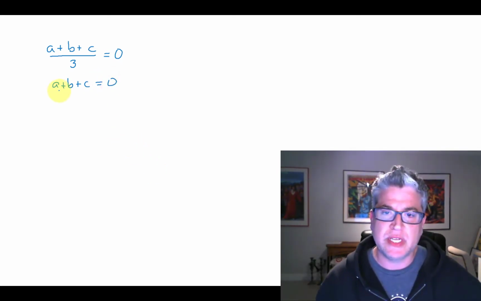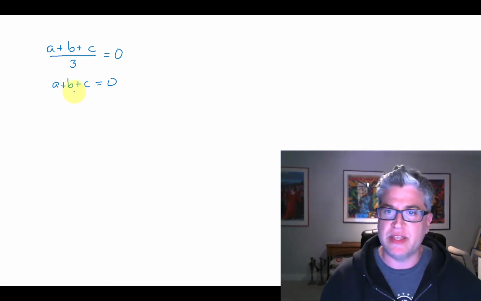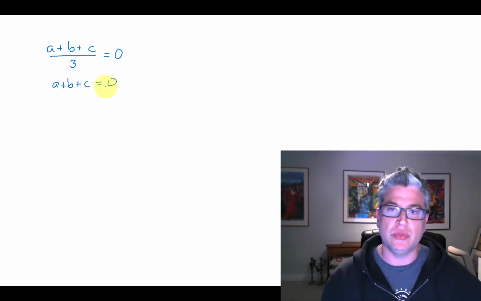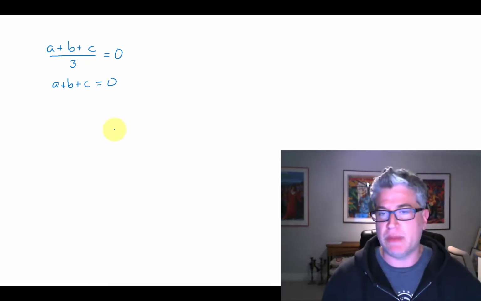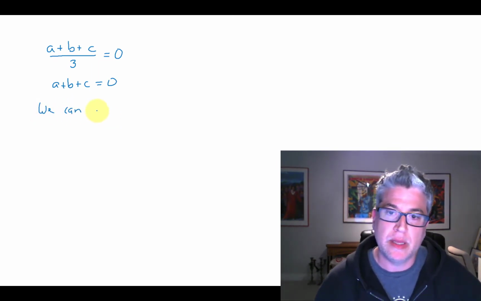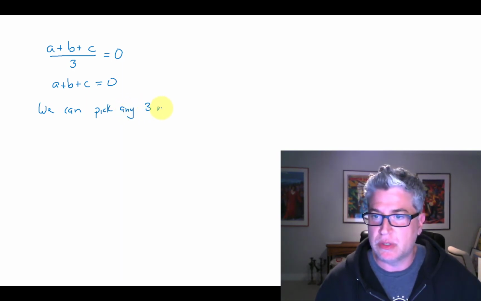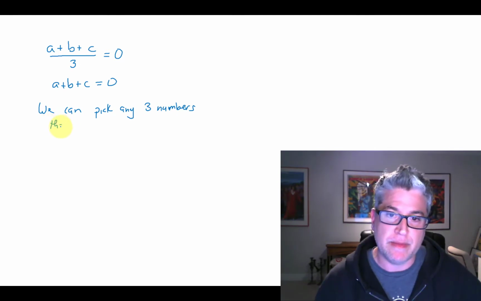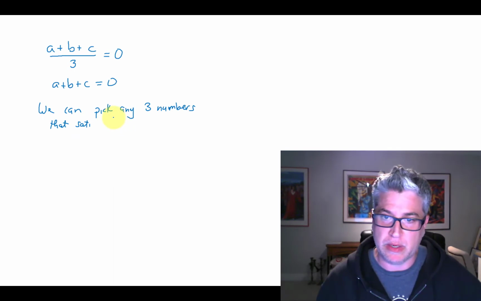And the thing to notice is that at this point, any three numbers that add up to 0 satisfy this condition about the mean that we had. So we can pick any three numbers that satisfy this condition regarding the average or the mean.